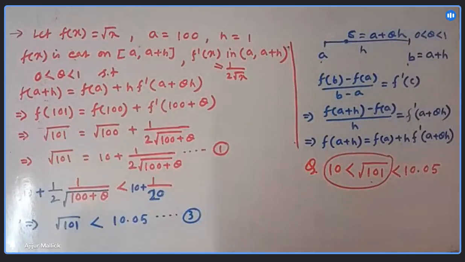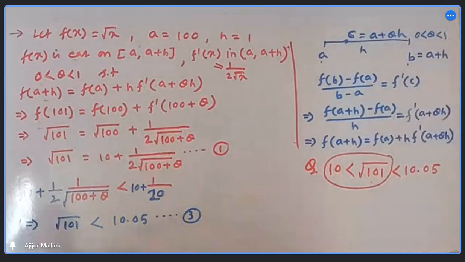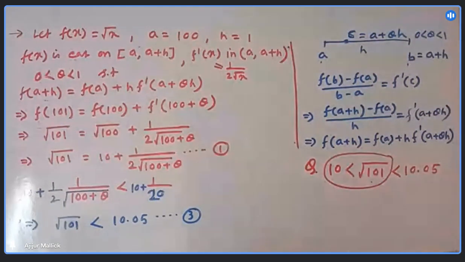Have you not done this type of problem in your college? No, sir. We have not done. Which department? Sir, physics. Sir, eco also not done. So what are you doing from this chapter? Rolle's theorem, Lagrange theorem.